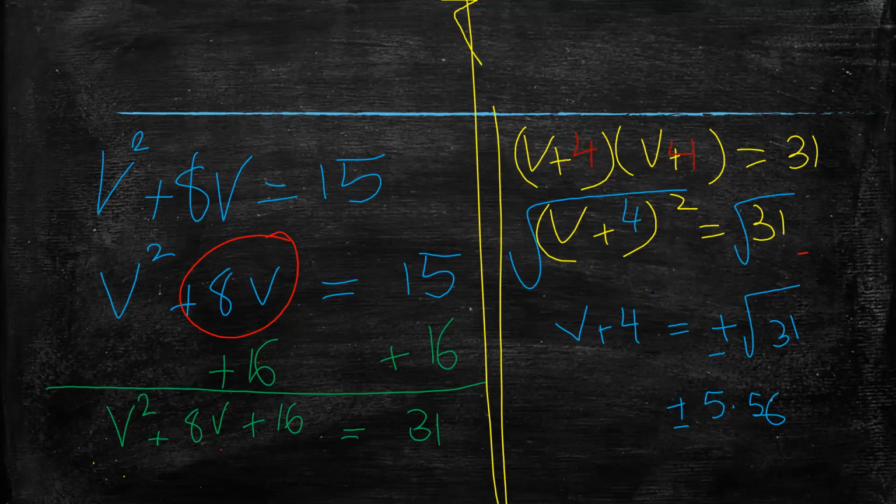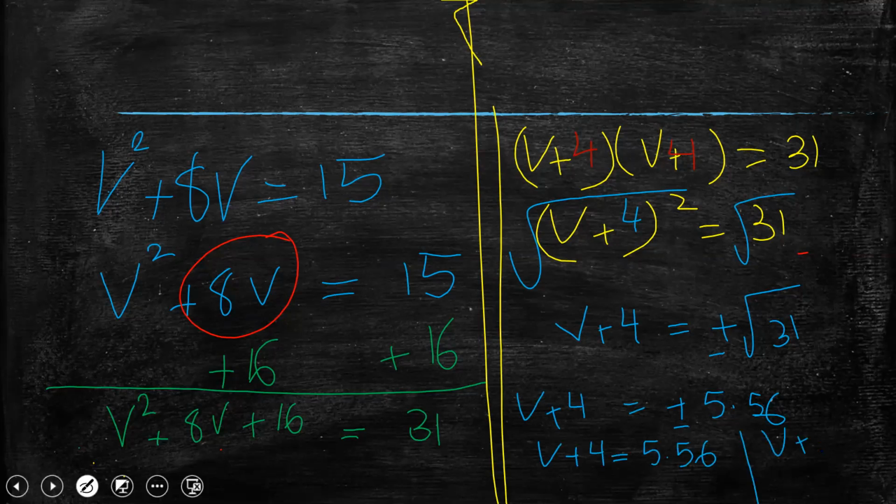I will tell you on WhatsApp, okay? Where's the button of the square root? Okay. So it is positive or negative. That means v plus 4 could be 5.56, or v plus 4 could be negative 5.56. Then minus 4, minus 4, you will get here.